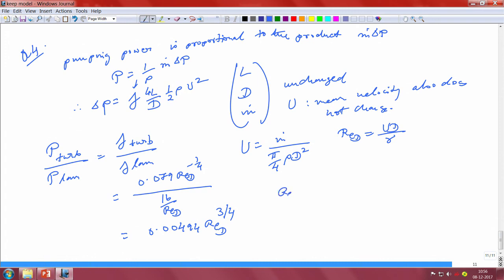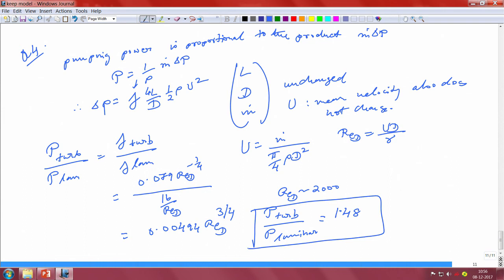If the Reynolds number is of the order of roughly about 2000, the P turbulent by P laminar, these are not pressure, these are basically the pumping power, is about 1.48. So, the pumping power to maintain the turbulent flow is about 1.48 times the corresponding laminar counterpart, right.